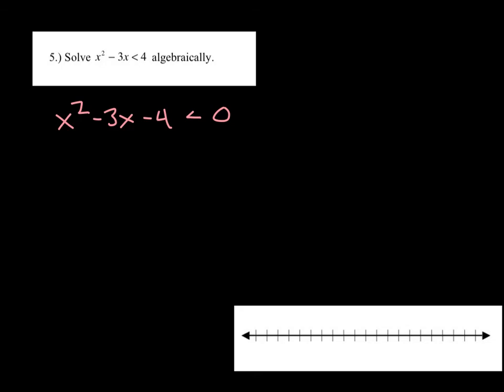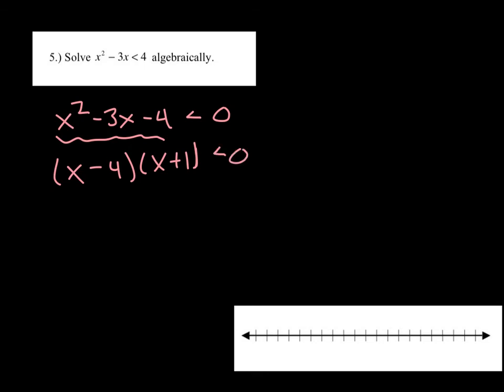So now, you guys can always go right to the quadratic formula. I'm not stopping you from using the quadratic formula. But if you can factor it, I think that's the easiest way to go. Remember, that's one of your ways of solving. So I can factor this left side. I can make this x minus 4 times x plus 1 is less than 0.